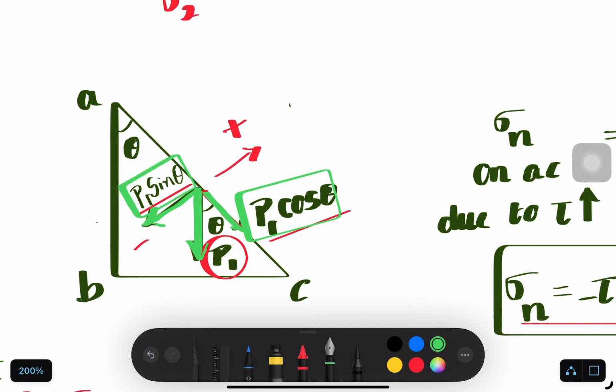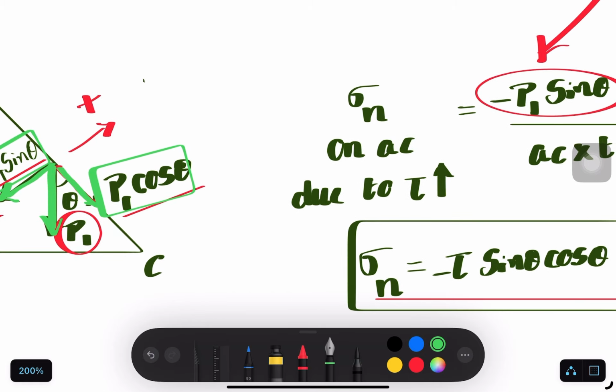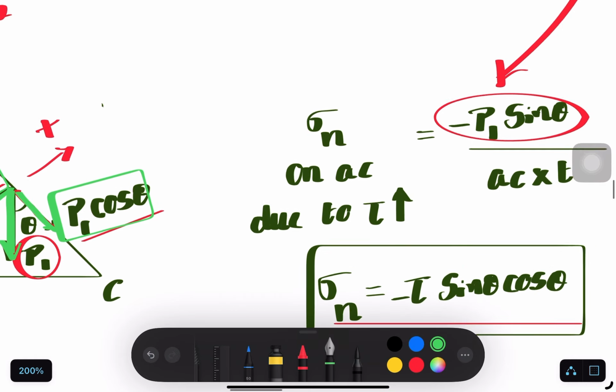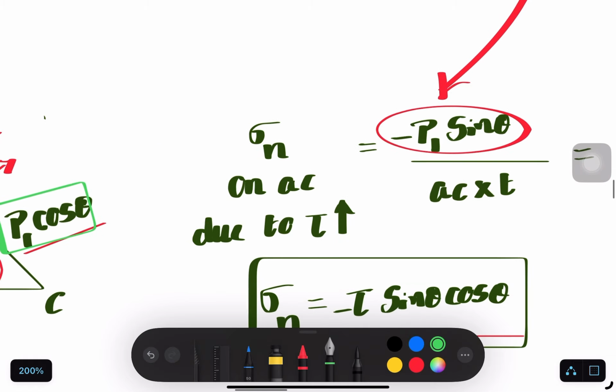Once you have computed the tangential load and the normal load, the process is easy. You can define the normal stress acting on the inclined plane, which is the load P1 sin theta divided by the area.